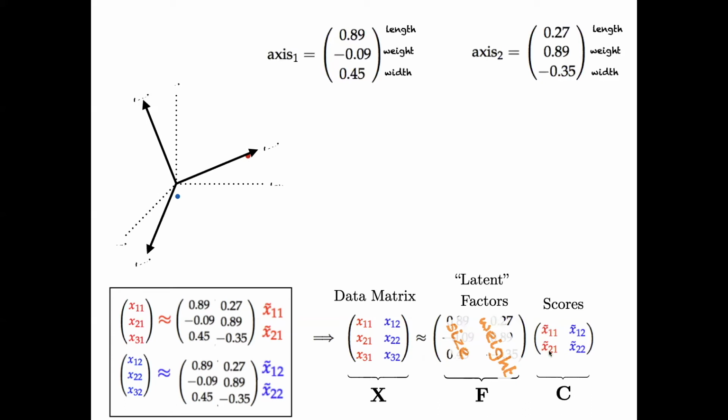So they directly reference these new factors, and I can conclude from them that x11 must be a big number, meaning that the red point has a larger size than the blue point, and x21 has a smaller coordinate along this second basis direction, meaning its weight is smaller than the blue point.